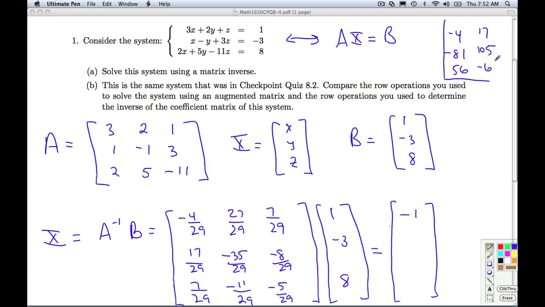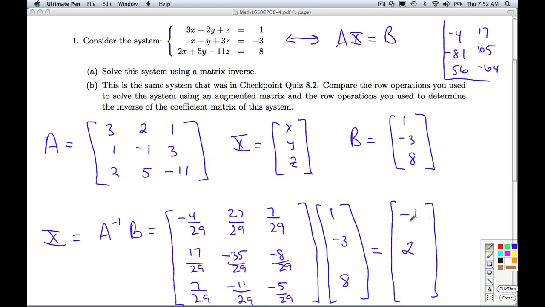So if I add those together, this gives me 122 minus 64, and 122 minus 64, well, 64 and 50 would get me up to 114. I need to add another 8, so that'd be 58, and 58 over 29 would give me 2.